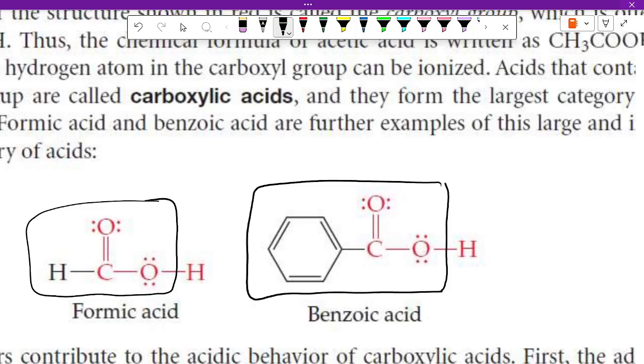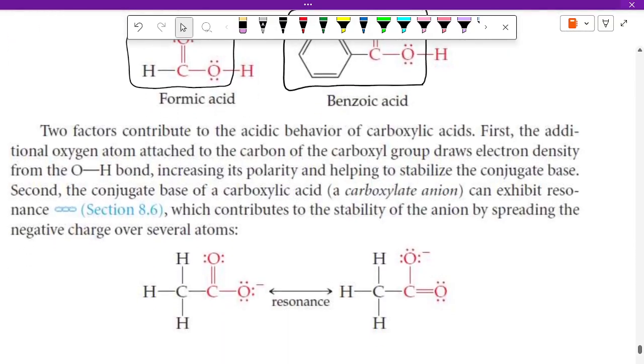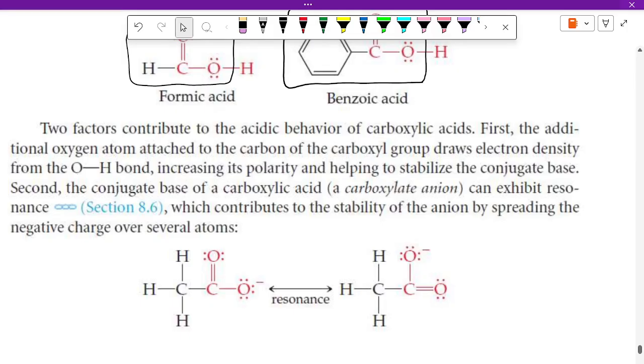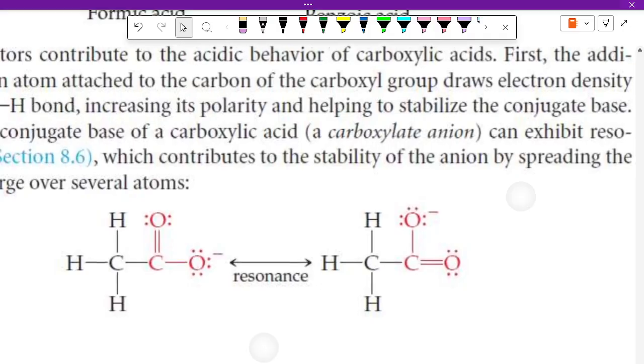The benzoic acid, yes? So any carboxylic acid has resonance structures. It's got 2 resonance structures, yes? So far, so good?